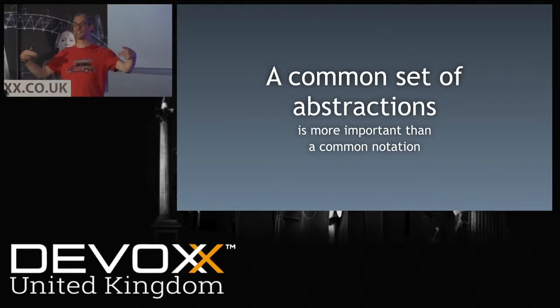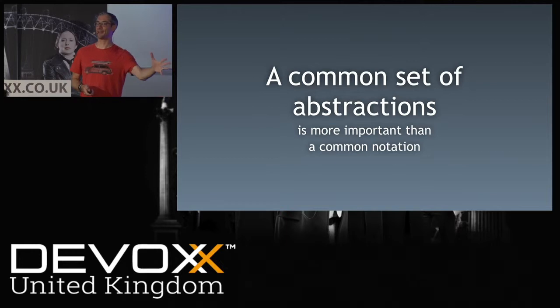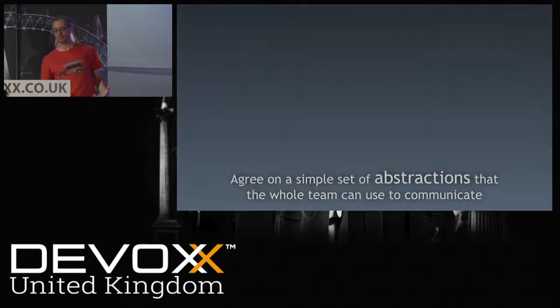So the maps are showing the same things, the same abstractions, but they might use different colors. They might use different symbols. Differing notation, same abstractions. How do we decipher a map? There's a key in the corner. Right, let's do that. Let's create diagrams that are self-describing.